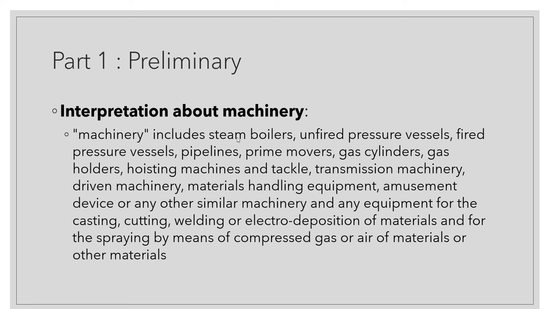Okay, pipeline, okay, prime mover seperti generator and also motor. Okay, hoisting machine ni contohnya seperti elevator. Okay, elevator and escalator is a good example for the hoisting machine lah.